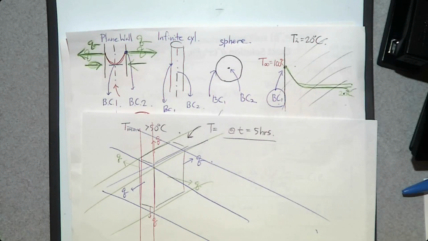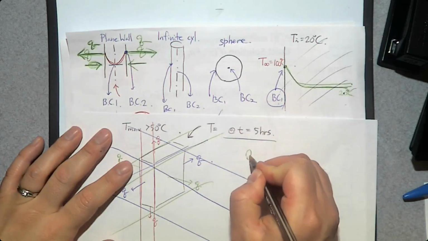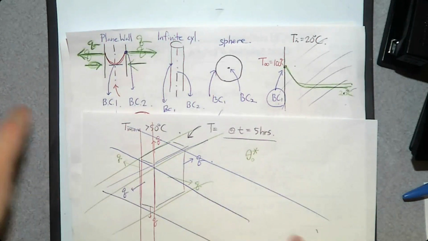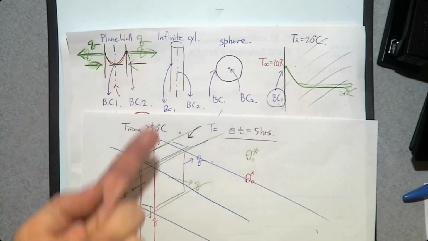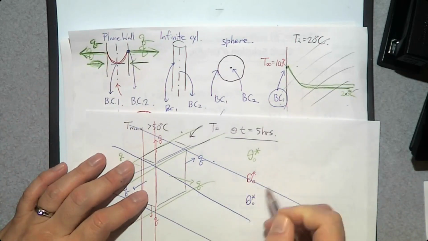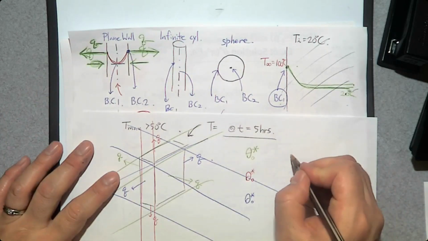So in this case, you can calculate theta 0 star in this direction, and you can calculate theta 0 star in this direction, and you can calculate theta 0 star in this direction. By how? By using the equation that we know.